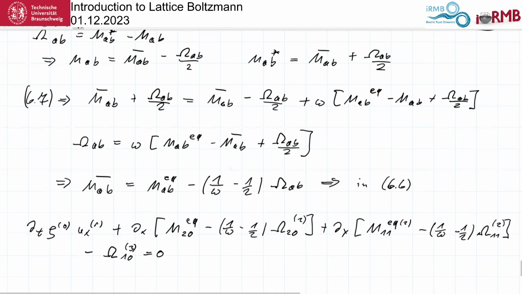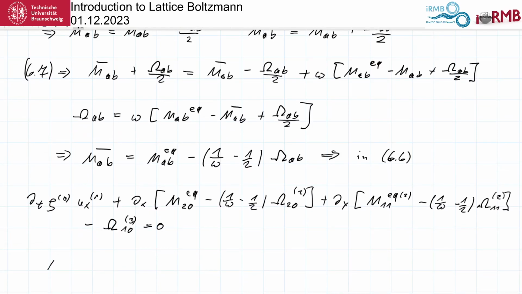Now we need to know what the equilibria are. The equilibria, this is something that we derived already several times. So now we write this here with theta, with the dimensionless velocity, temperature theta, rho to the second order and ux to the first order squared. A first order term squared is a second order term, right?